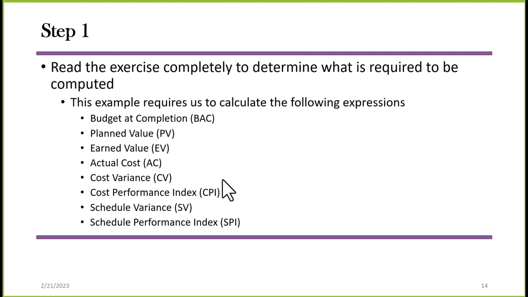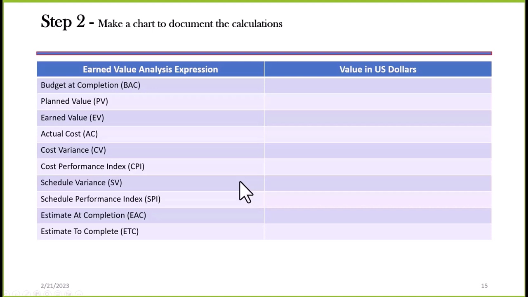We're going to calculate budget at completion, BAC, plan value, PV, earned value, EV, actual cost, AC, cost variance, CV, cost performance index, CPI, schedule variance, SV, and schedule performance index, SPI. That's what we're going to calculate. We set up a nice table for that, and we list all of those items in this table.